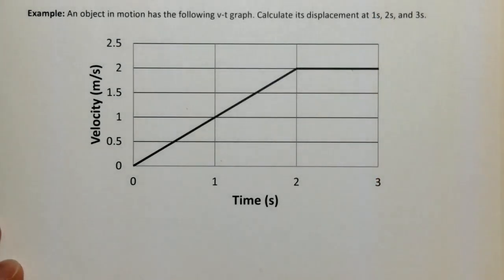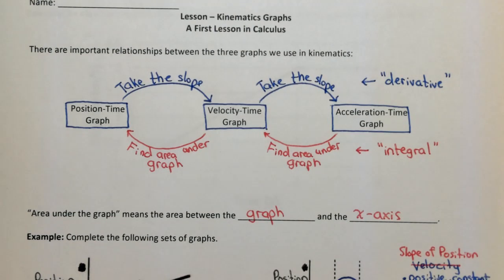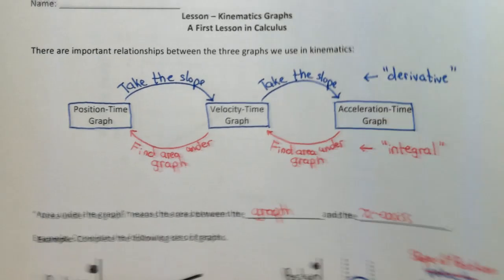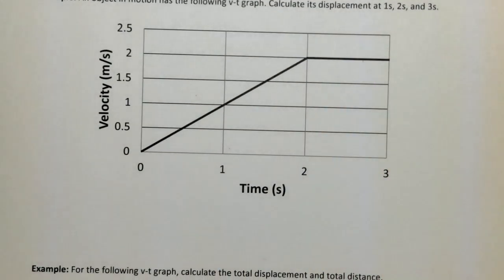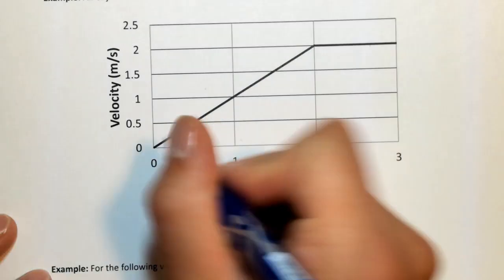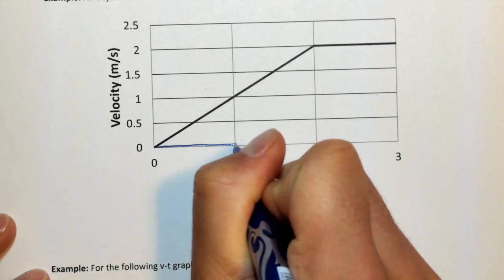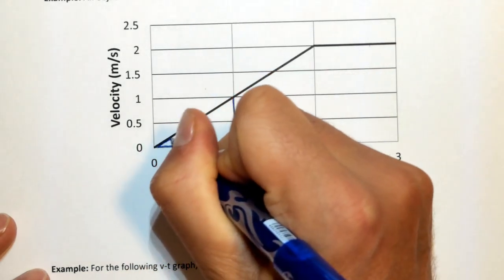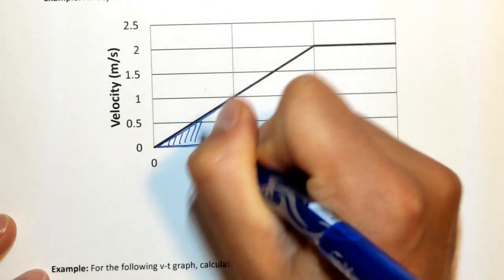And remember, we said the area under the graph means the area between the graph and the x-axis. So for this first second, to find the displacement or the change in position, I'm trying to find the area between the graph and the x-axis, meaning I'm trying to find this area here.